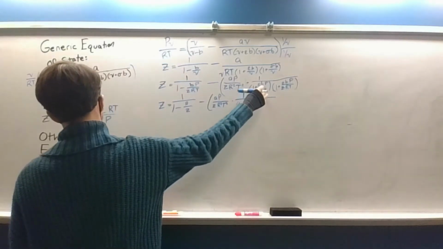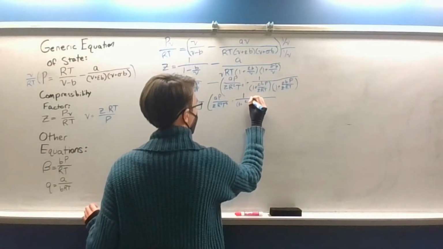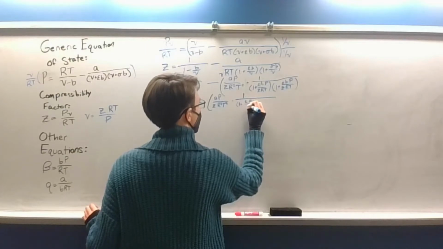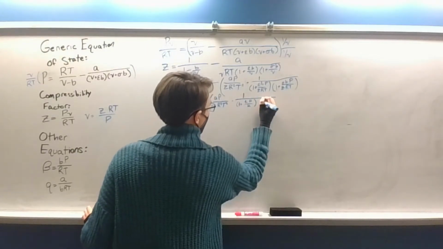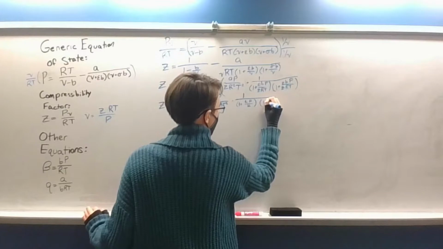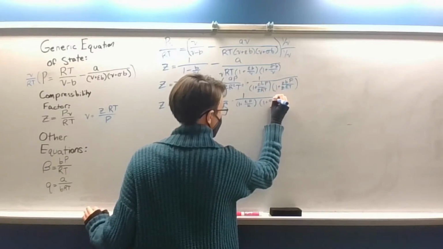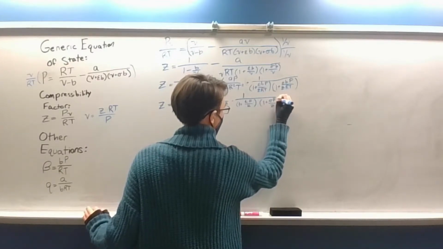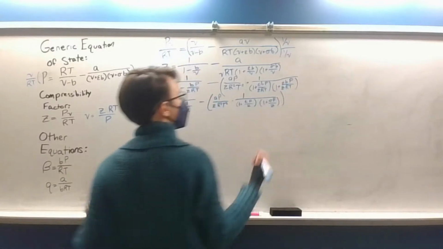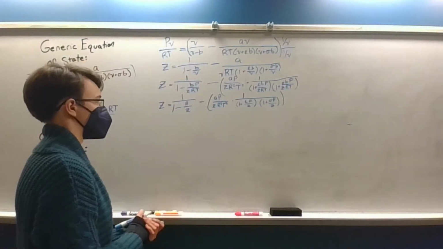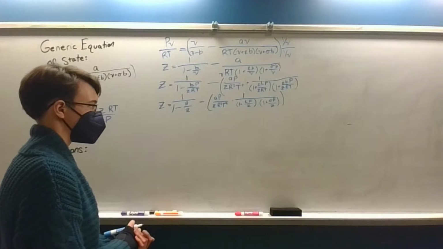So again, we're going to switch that out, so it's epsilon times beta over Z, and then 1 plus sigma beta over Z. So that just cleans it up a little bit, makes it look a lot nicer.